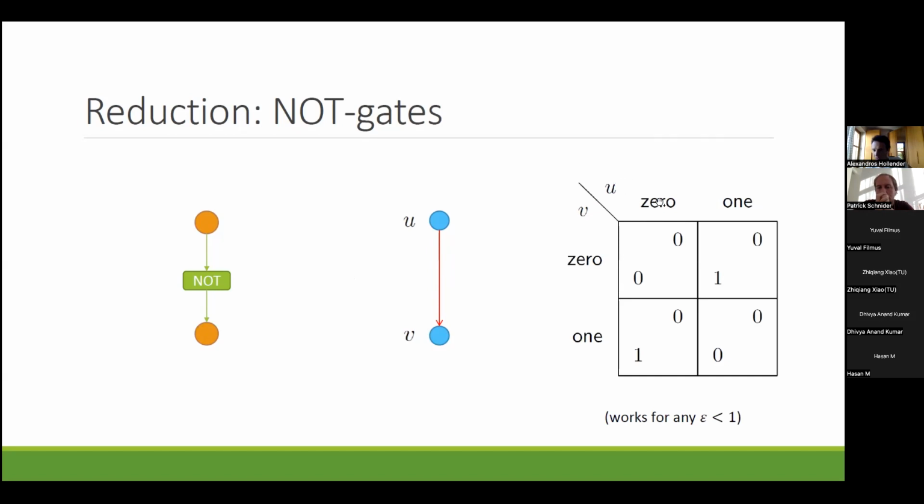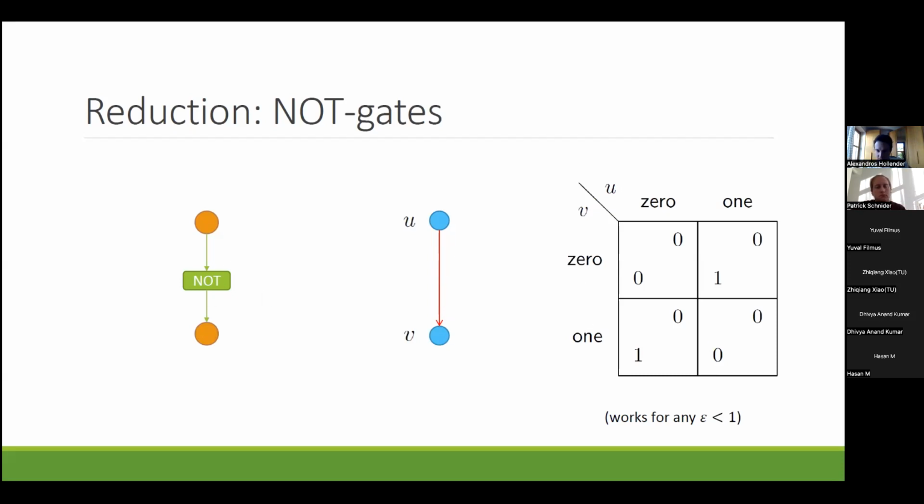If U plays 0 and V plays 1, then we go in this square, and we see that U gets payoff 0, and V gets value 1 in that case. Okay, so this game is not just a randomly constructed game. This is exactly the way in which we have to define the interaction between U and V so that the NOT gate is implemented.